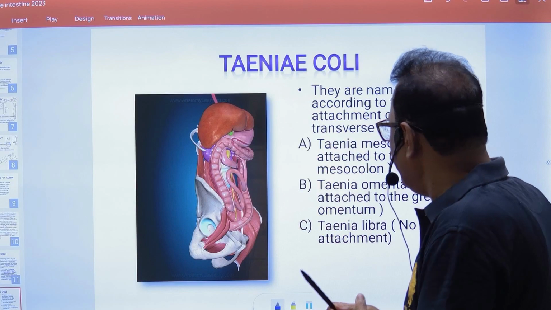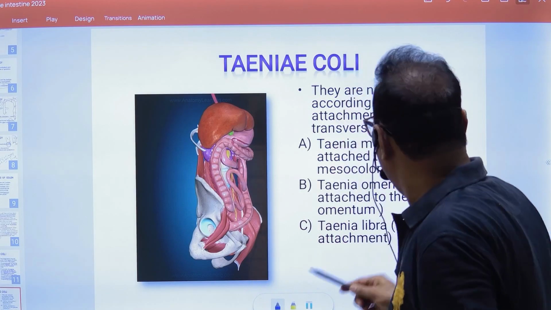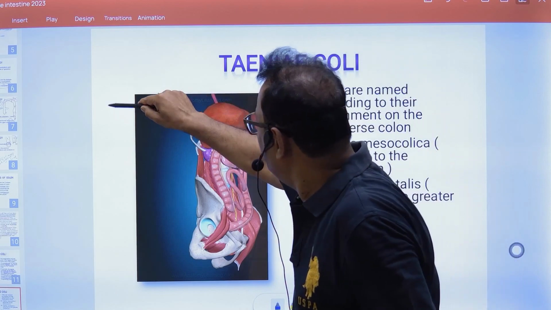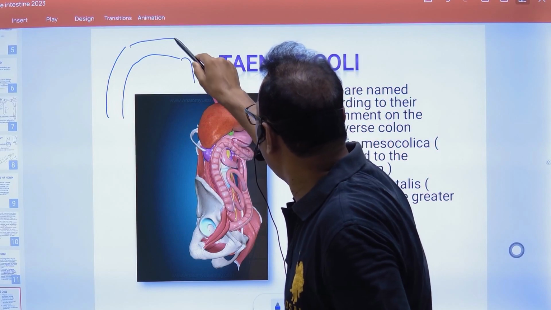Now the tinea coli have been named according to their attachment on the transverse colon. Actually, we have got the ascending colon, the transverse colon, and the descending colon.